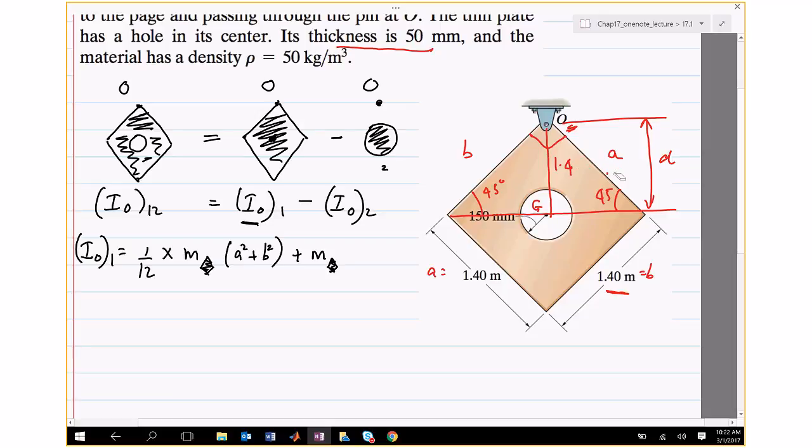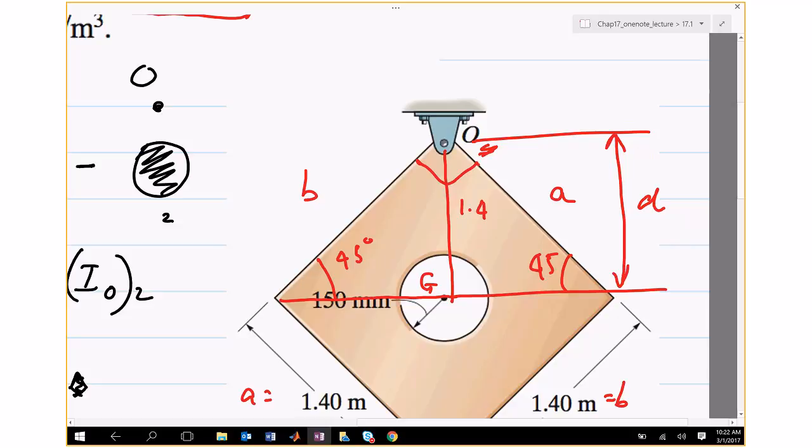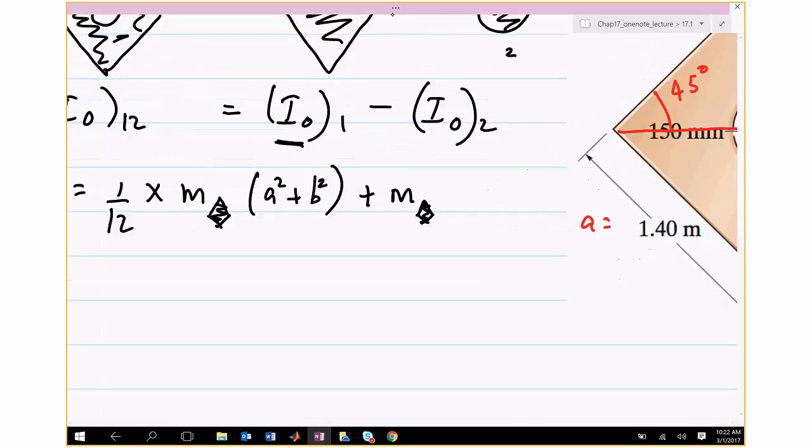So what's 1.4 sine 45? 0.989. Okay, 0.989. I'm going to write it as d squared.